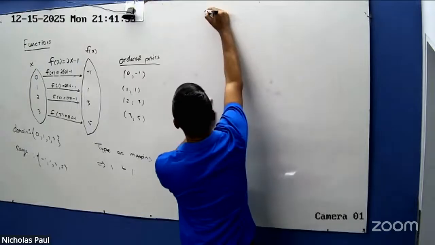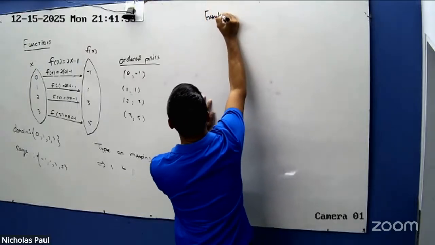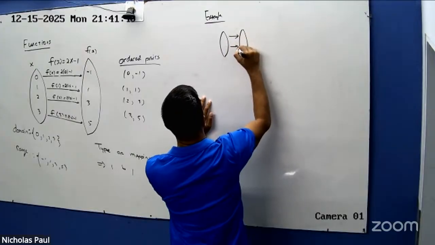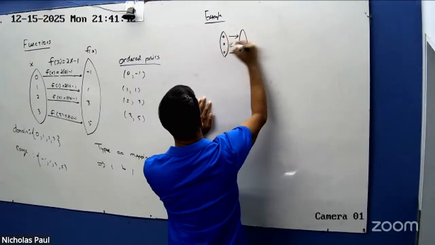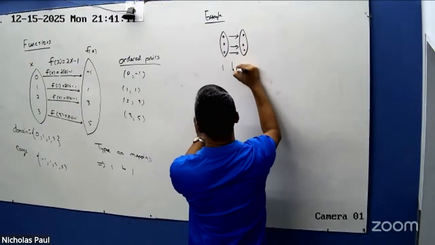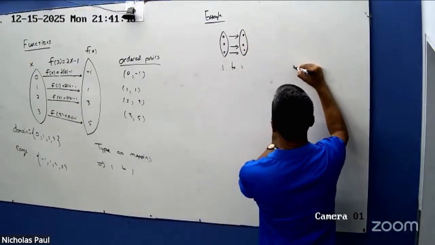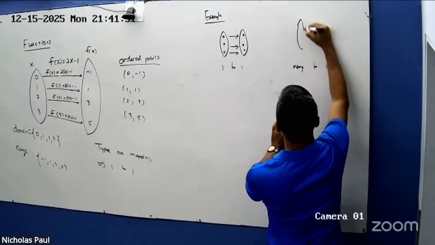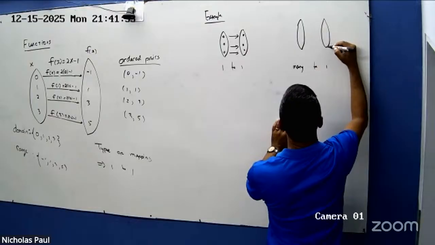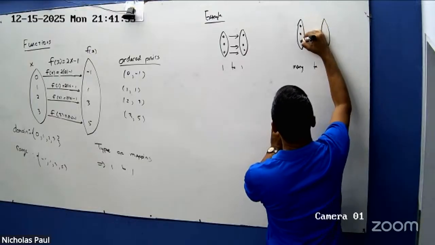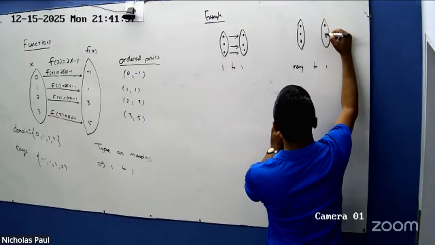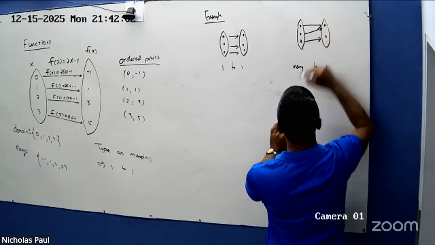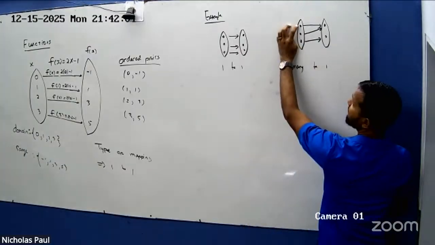Right? Just to remind you, this is a one-to-one mapping. And now to draw a many-to-one mapping, this is many values going to one.